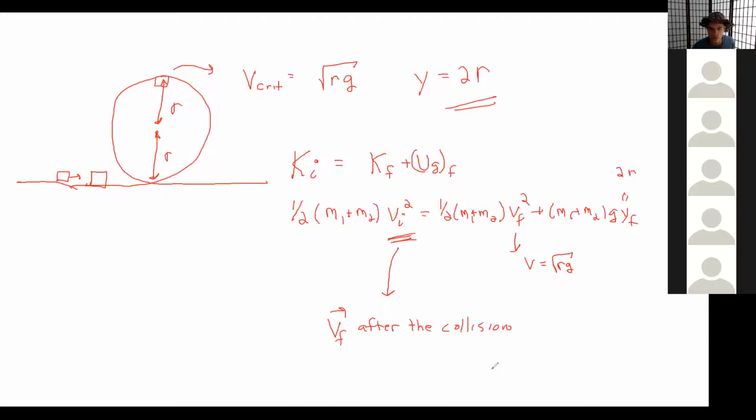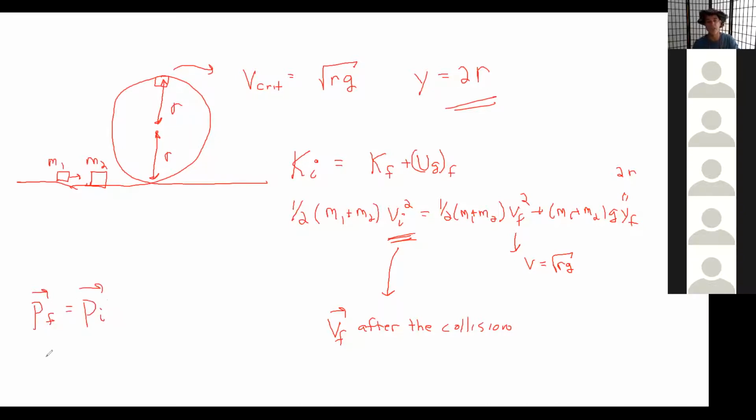So what I would do, I forget what these masses were, but if I call this M1 and M2, I would use momentum conservation to figure out that the final momentum after the collision equals the initial momentum before the collision.